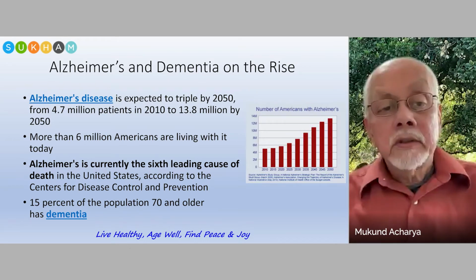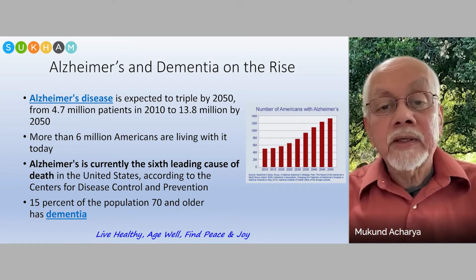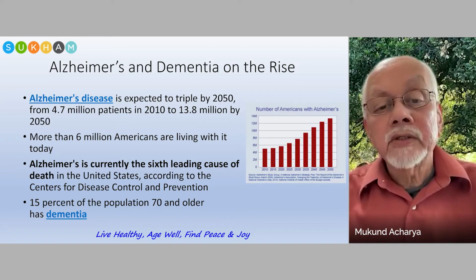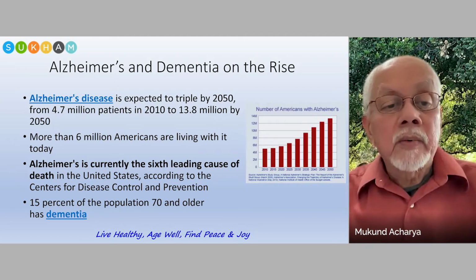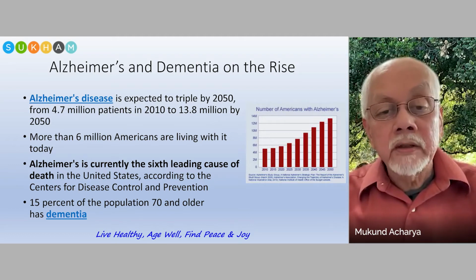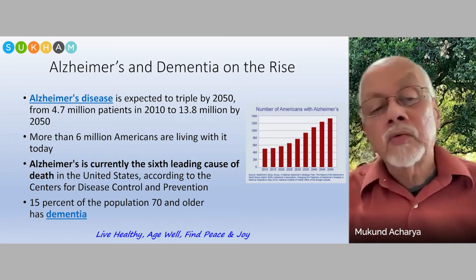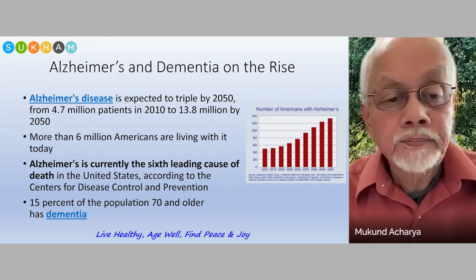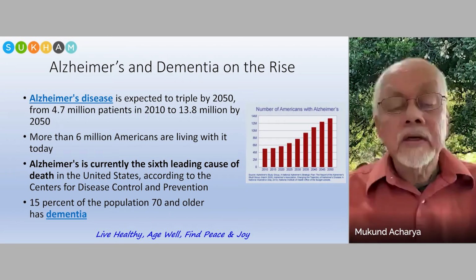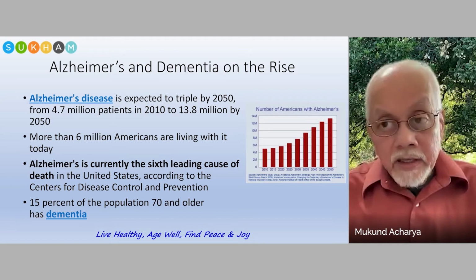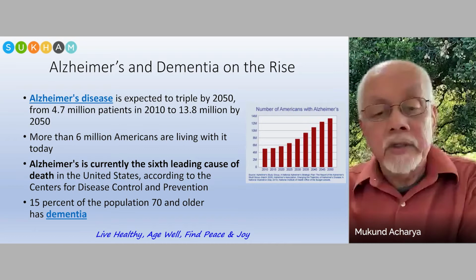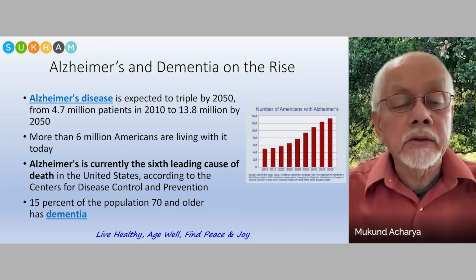Alzheimer's currently is expected to triple from where it is today. 4.7 million patients in 2010, about 6 million living with it today in the US, and expected to go to almost 14 million by 2050. So you can see that the numbers of people who are dealing with Alzheimer's in a population that is aging is increasing, which is no surprise, but the numbers are quite staggering in their own right.